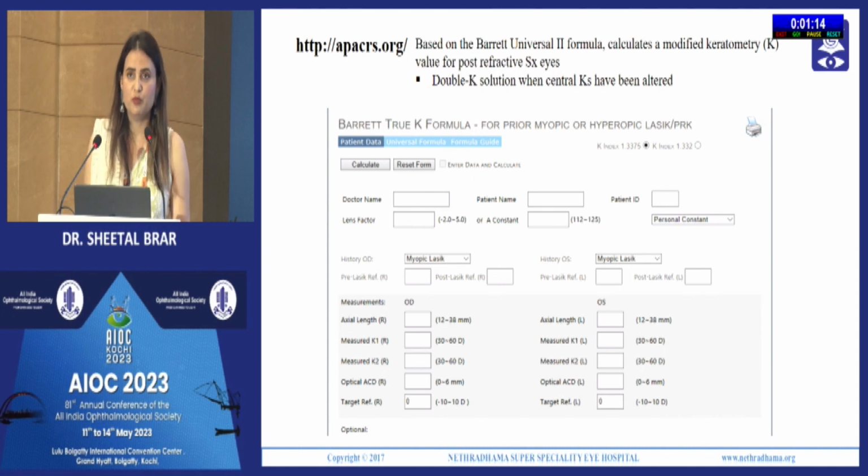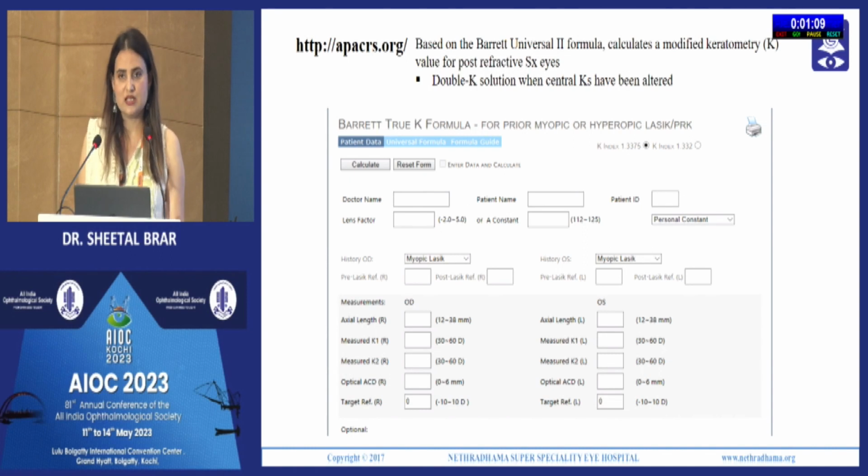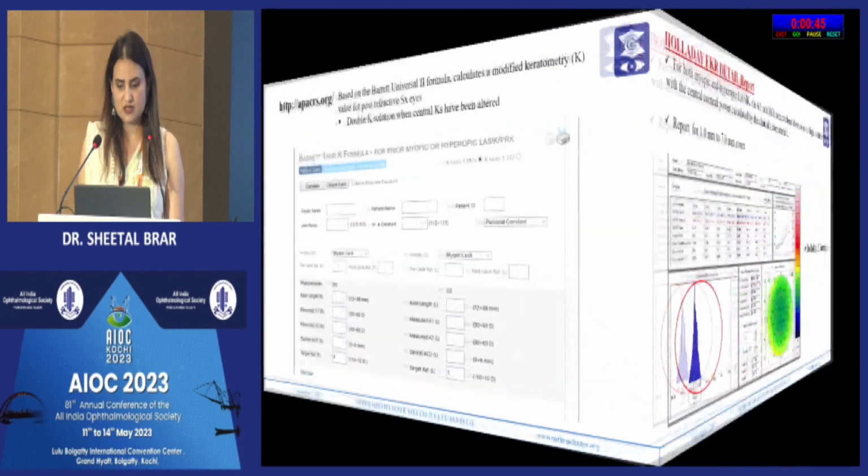This is a very popular formula which works for most post-LASIK situations: hyperopic LASIK, PRK, myopic LASIK, PRK, and even post-RK eyes. It is based on the Barrett Universal II formula, wherein it calculates a modified keratometry value for post-refractive surgery eyes, and it also provides a double-K solution when the central Ks have been altered. Here you can see that this formula is quite easy to access.